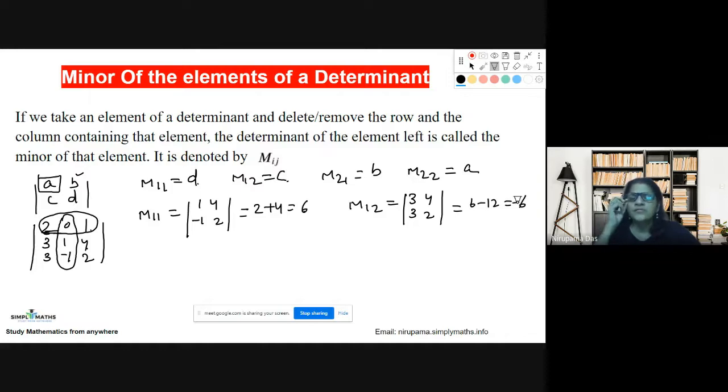So like this, you can consider minors of all 9 elements. So how to find it? Let me read out the definition.